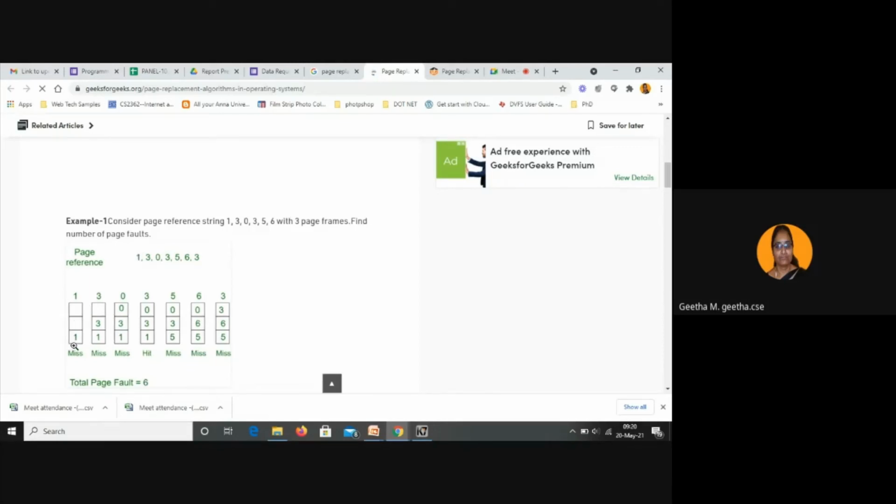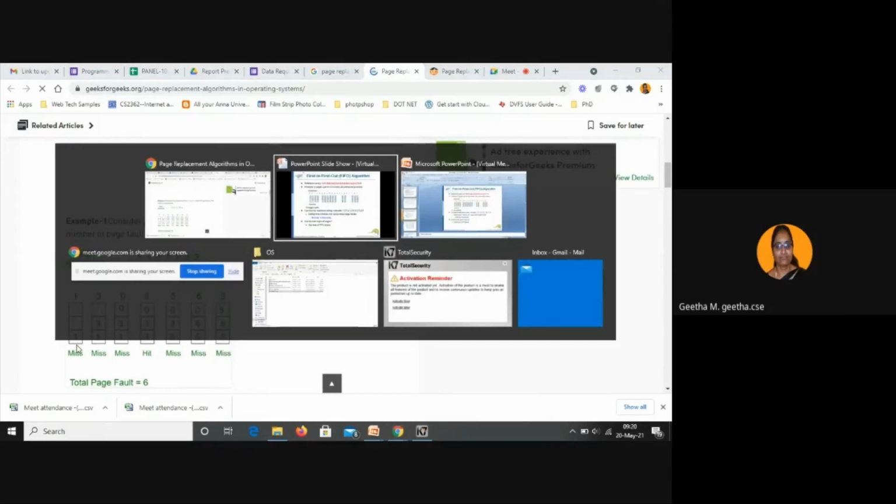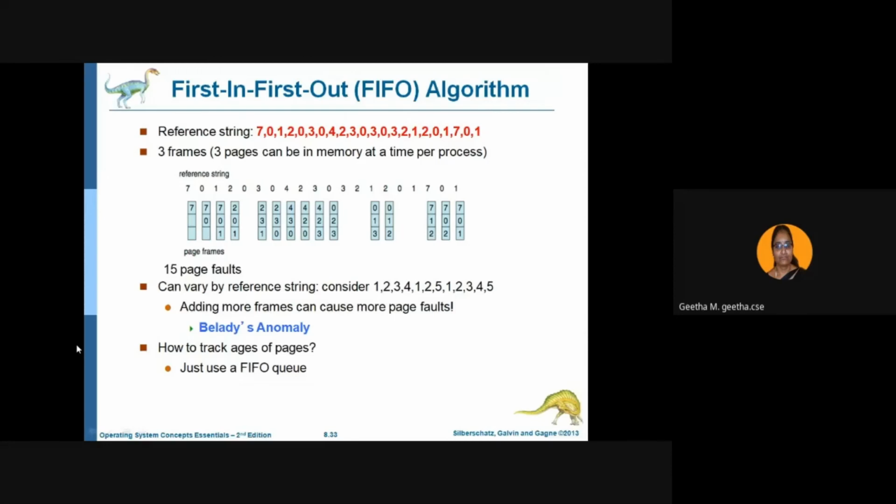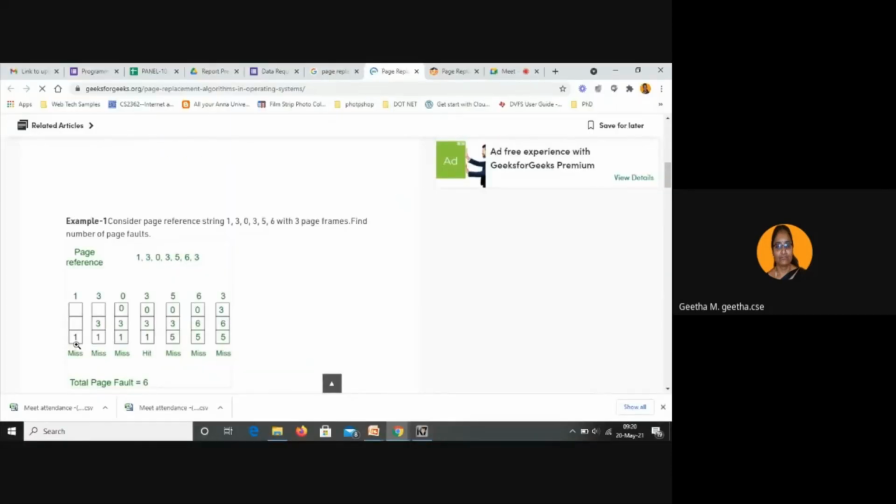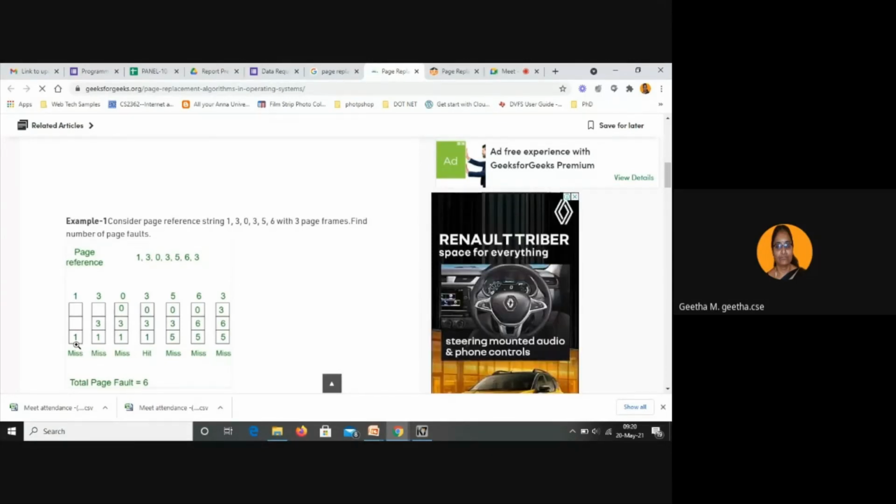It is not in main memory, so it is put into the first frame. Please don't confuse, it is put in from the bottom.